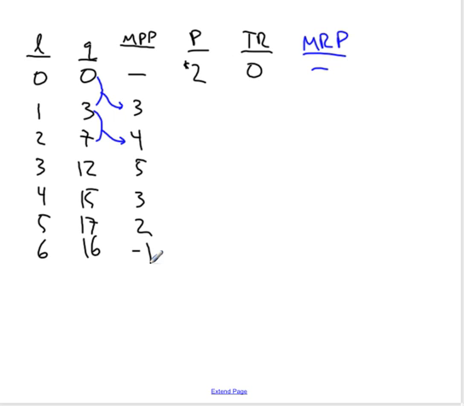The price for now, we will assume, is always $2. Whatever we're making here can be sold for $2.